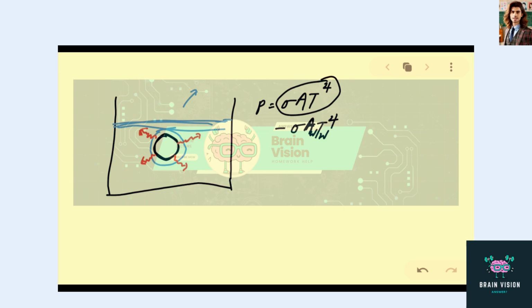We're going to assume that it only radiates its power in this area back to the sphere, so they will have the same surface area, A, although it doesn't really make sense, but we don't know the surface area of this. We could assume maybe it's perfectly insulated, but this is not given, so we cannot use that surface area. We only can use the surface area of the sphere, and of course the temperature of the water.